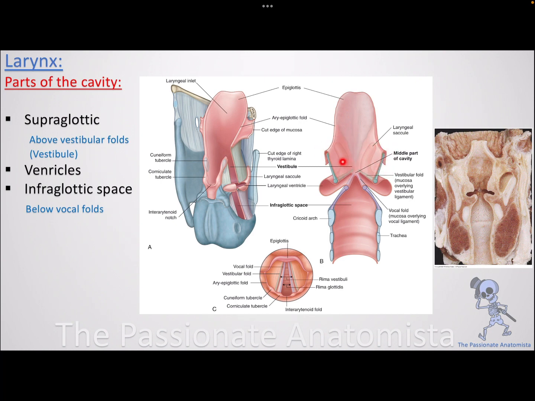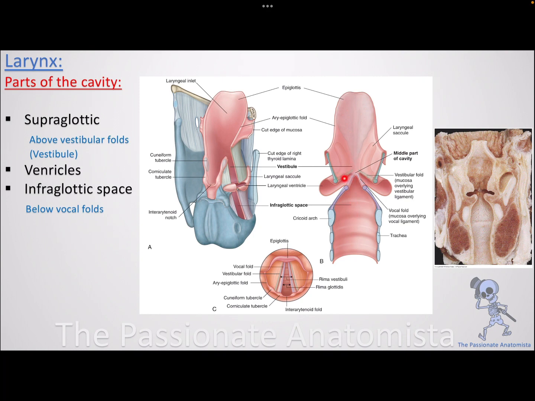It's a wide entrance, because this is the entrance of the laryngeal cavity, so we call it the vestibule, or the supraglottic space. Then this is the area of the ventricles, and then down to the vocal folds we have the infraglottic space. So these are the three areas inside the laryngeal cavity.